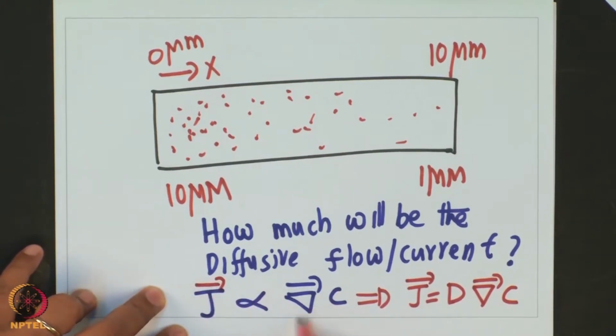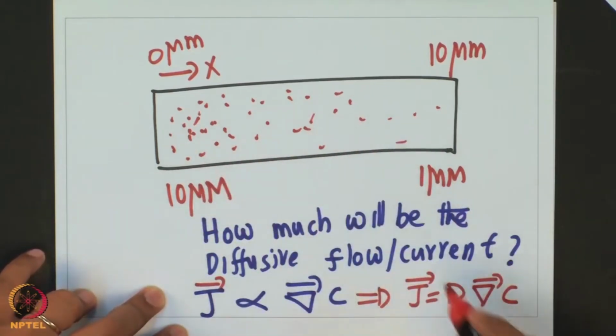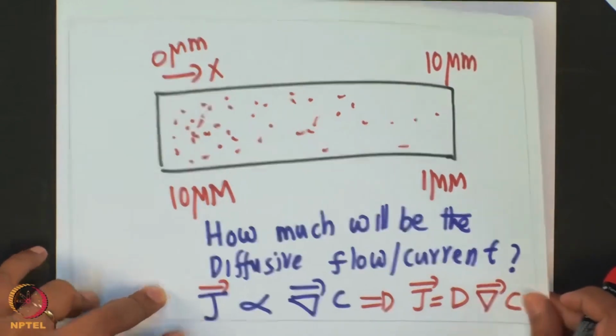The vector is proportional to del C, which is something we learned, and this is exactly equal to some constant D, which depends on the property of the medium and the particles, size of the protein, and so forth, which we will learn. But once we know the D, which is the property of the system, the medium, and the molecule, the flow is given by J is equal to D del C.